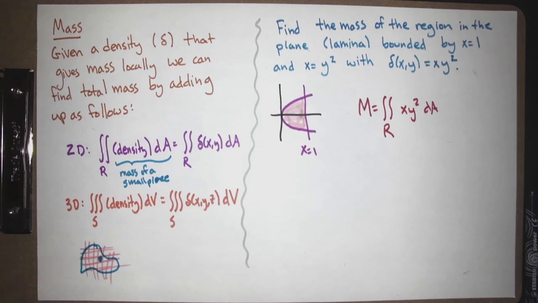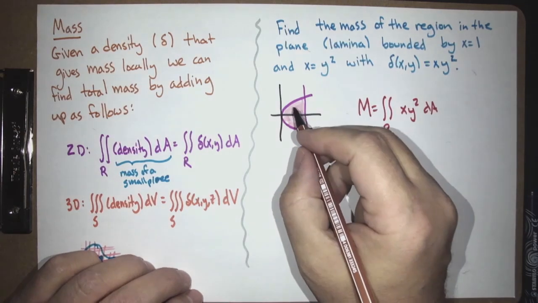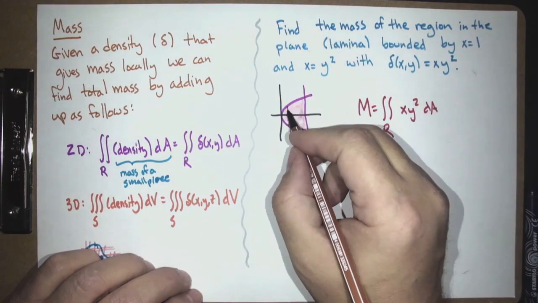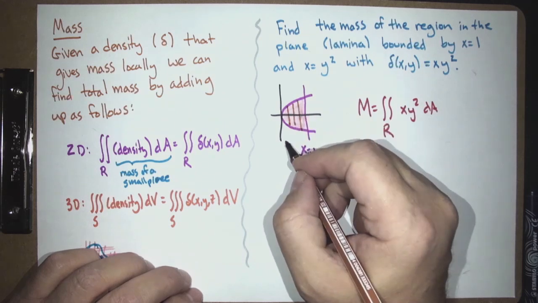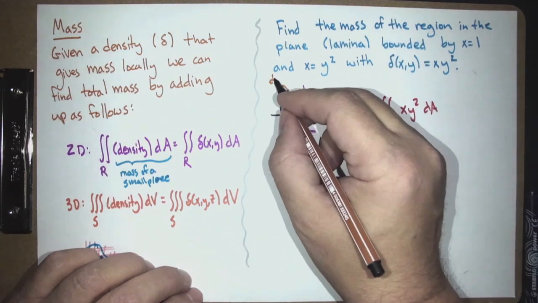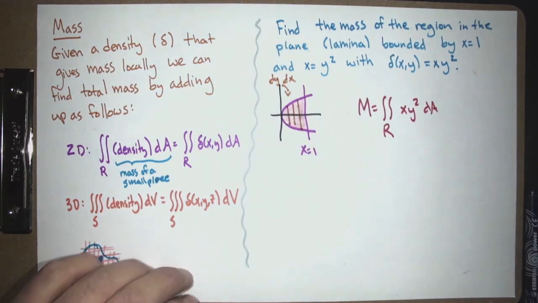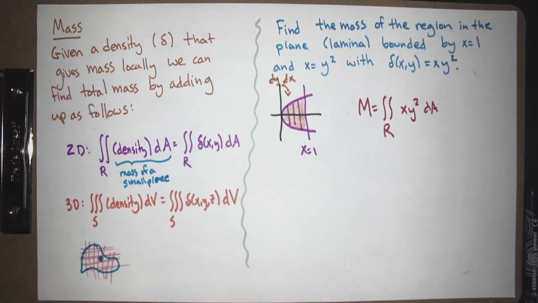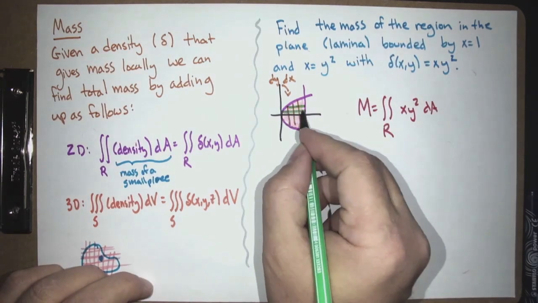So we have to make a choice. Do we want to do dx dy or dy dx? So a quick reminder, dy dx would slice this way. These are the dy dx slices. Whereas dx dy would slice that way.